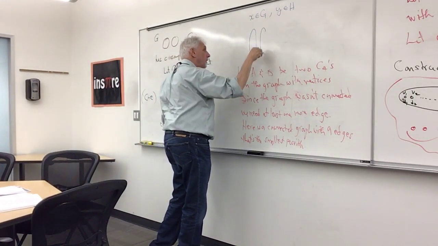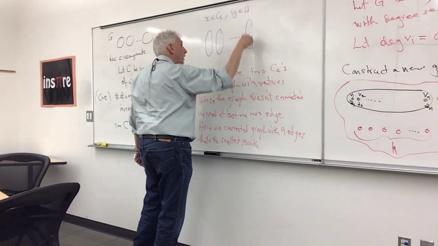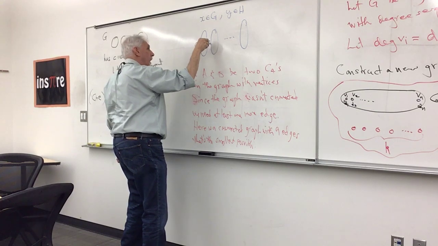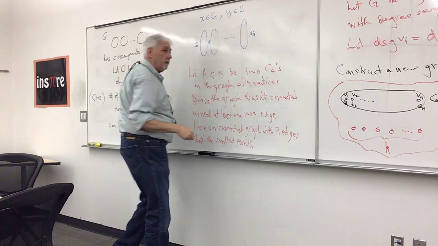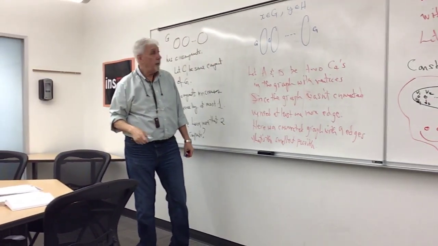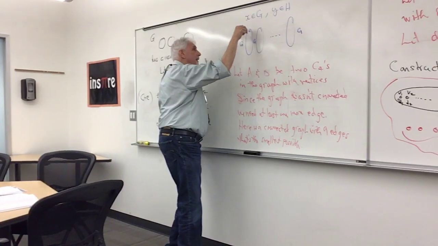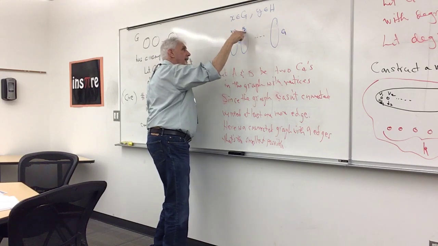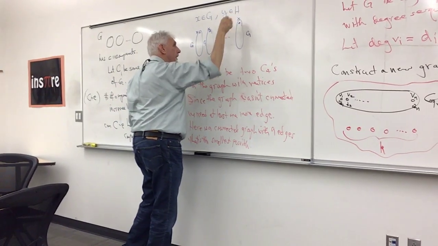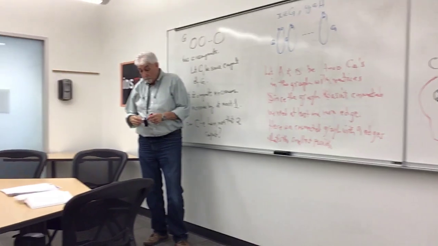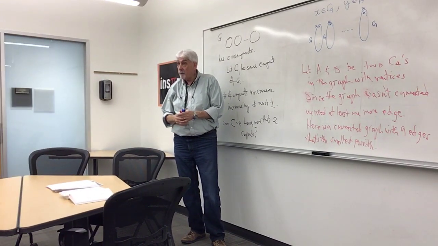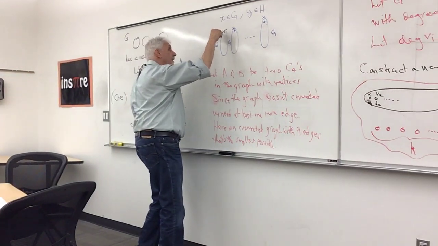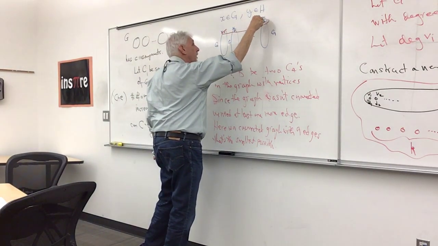I have each of these being a copy of G. This is a copy of G, this is a copy of G, this is a copy of G. Now I'm going to look at a point x in this copy of G. This is the same vertex in this copy of G, and this is the same vertex in this copy of G. And in this product, what am I going to do on these vertices?